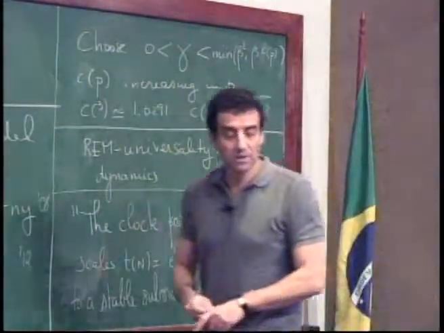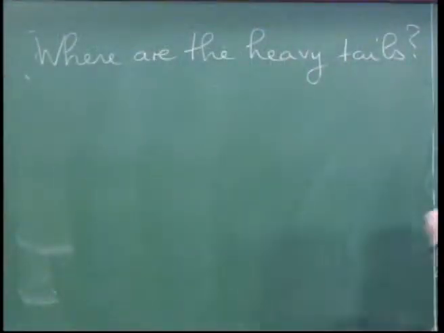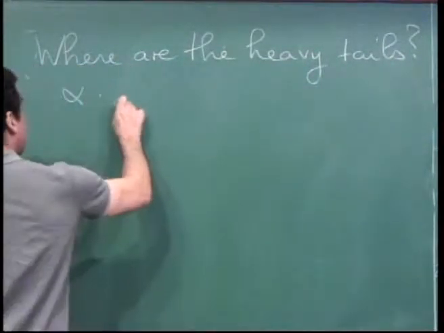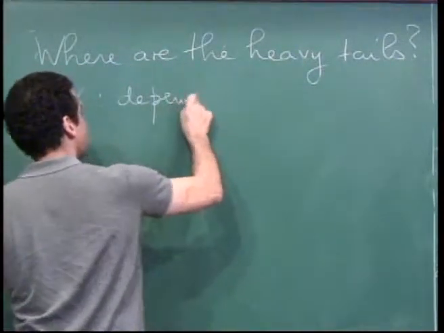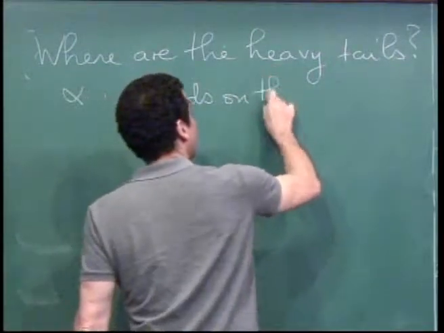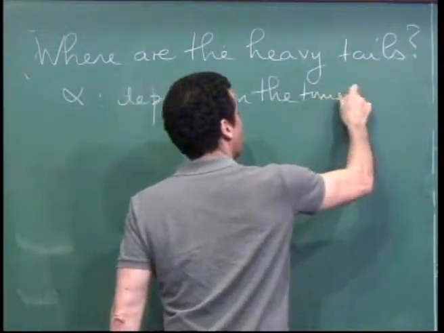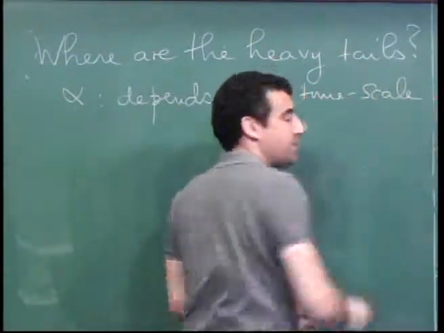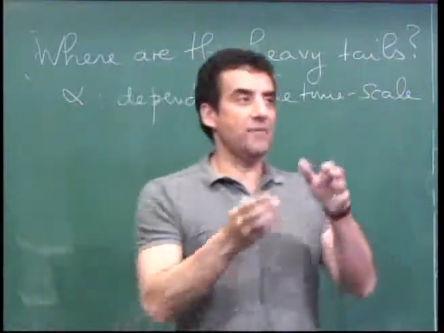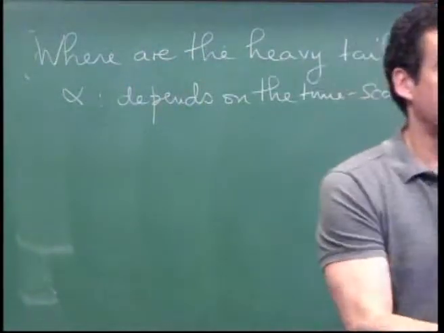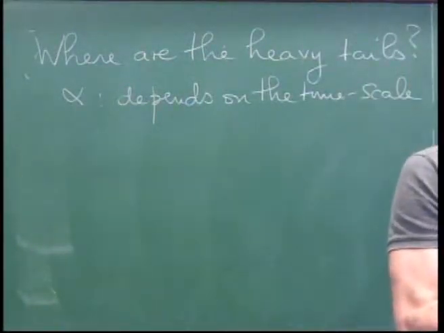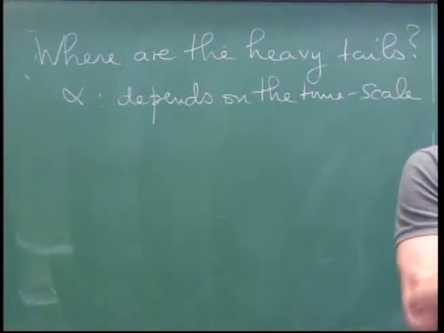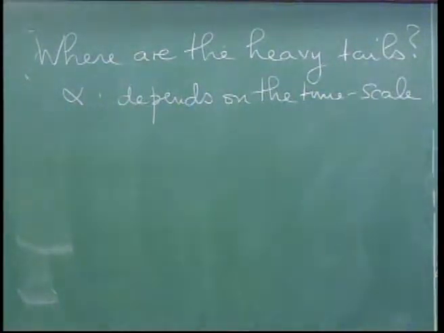So here, the tail, the alpha, depends on the time scales. The exponent. So you have an exponential Cn, and then you have an alpha which depends on C. It will be between 0 and 1, but the heavy tail moves along.